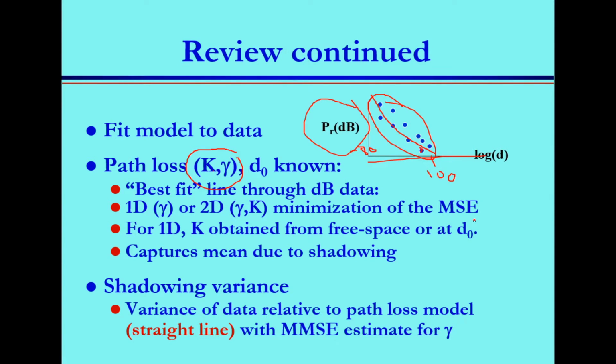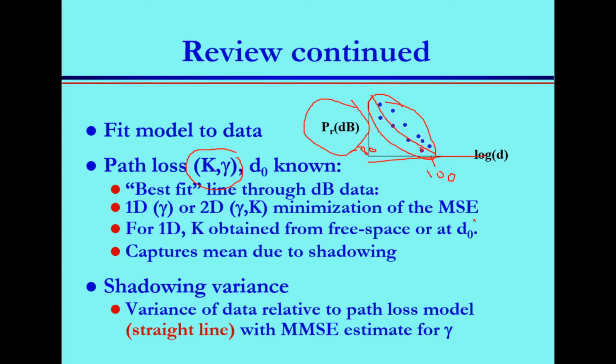You calculate at this mean, at this intersection, what the error will be. The error is the difference between the actual values and your estimated model. For 1D, k is obtained from free space at d equals 0 and captures the mean due to shadowing. Now, this is the mean.